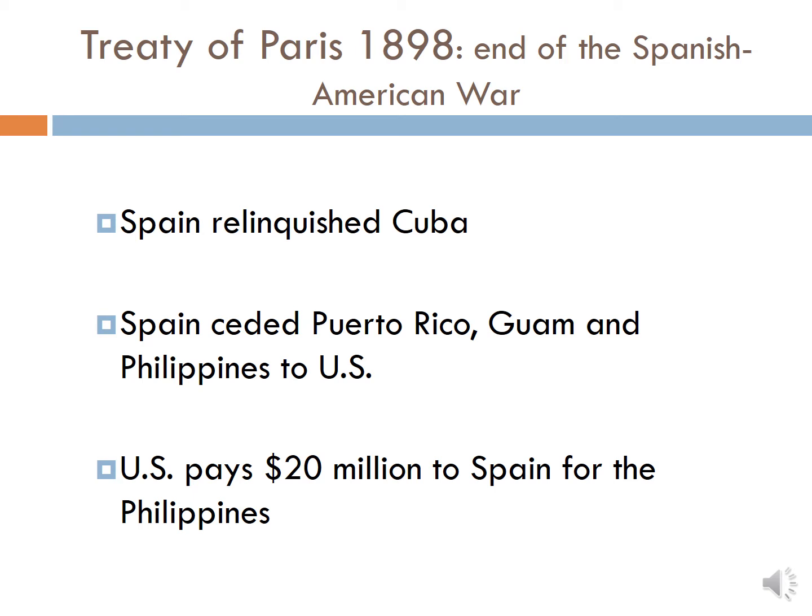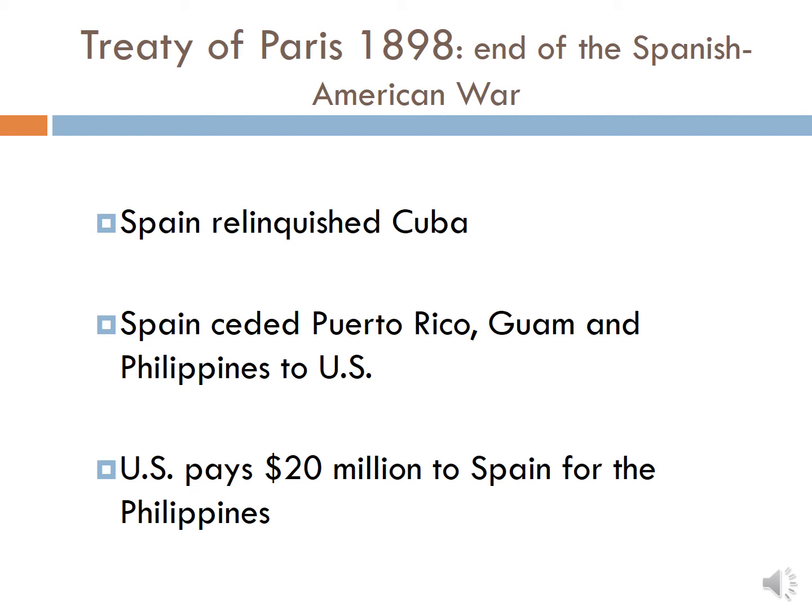In this treaty, Spain will relinquish all of its power over Cuba. So basically Spain relinquishes Cuba as a colony. Spain will also cede Puerto Rico, Guam, and the Philippines to the United States.